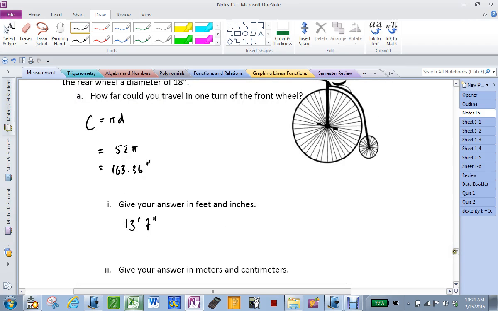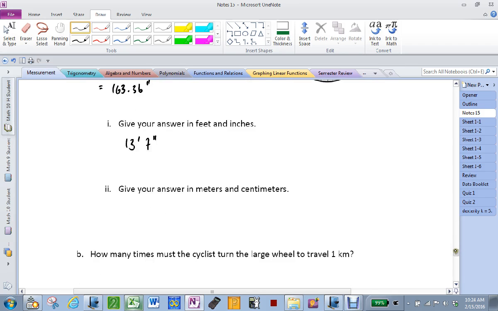Give your answer in meters and centimeters. I would take this number, right? Because that's inches, and multiply it, or not multiply it. 163.36. I want centimeters. So I'm going to multiply by 2.54 over 1 to get my answer. And then what do I got to do once I have the answer?